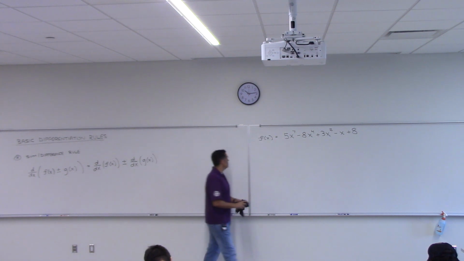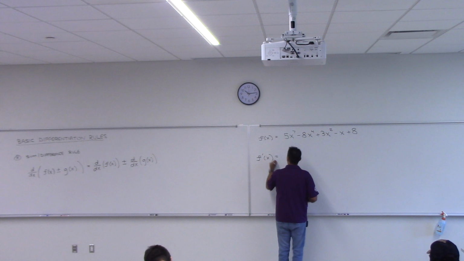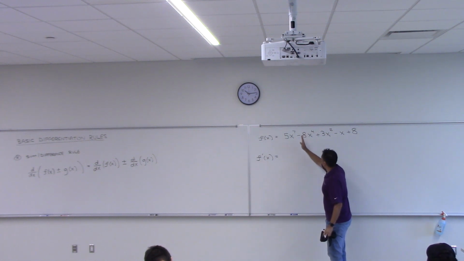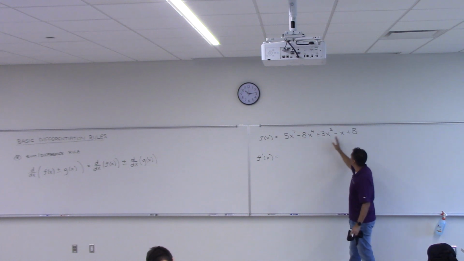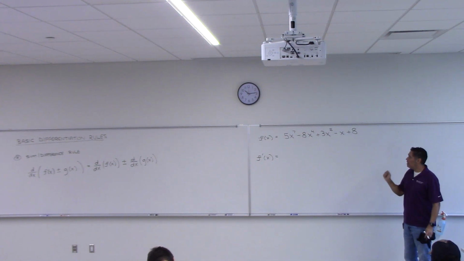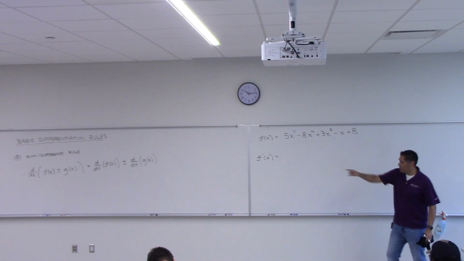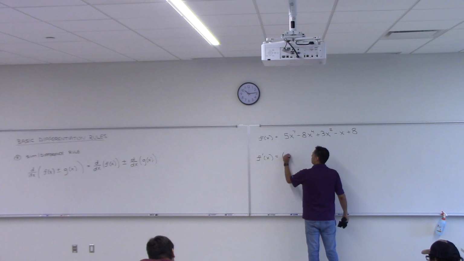But now, right, if I want the derivative of this function, what I'm going to do is look and see that I have pluses and minuses. So I have 1, 2, 3, 4, 5 terms, right? And I can differentiate them term by term because that says I can. So I'm going to take the derivative of this guy.